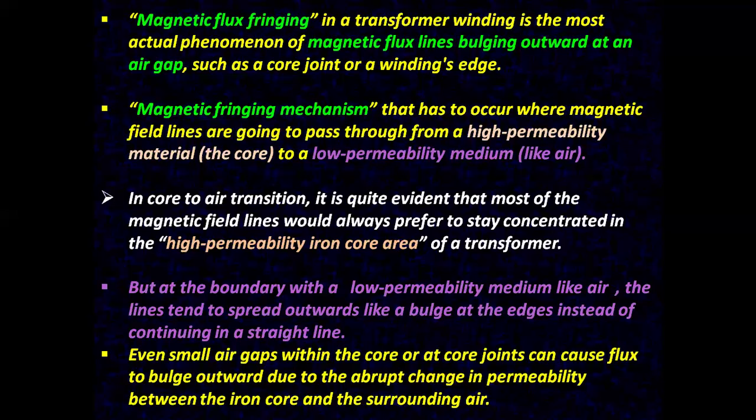But at the boundary with a low permeability medium like air, the lines tend to spread outward like a bulge at the edges instead of continuing in a straight line. Even small air gaps within the core or at core joints can cause flux to bulge outward due to the abrupt change in permeability between the iron core and the surrounding air.